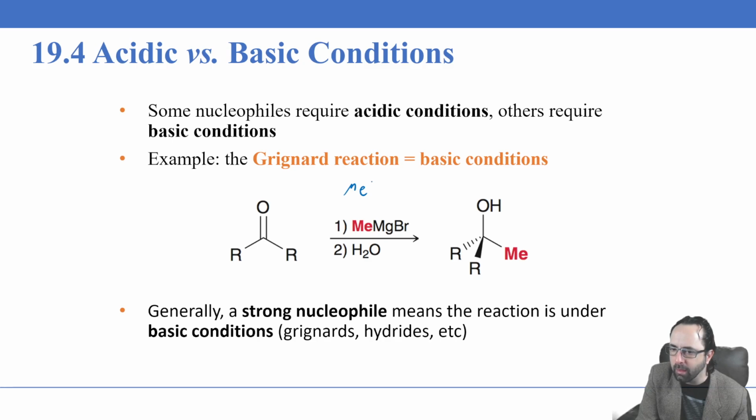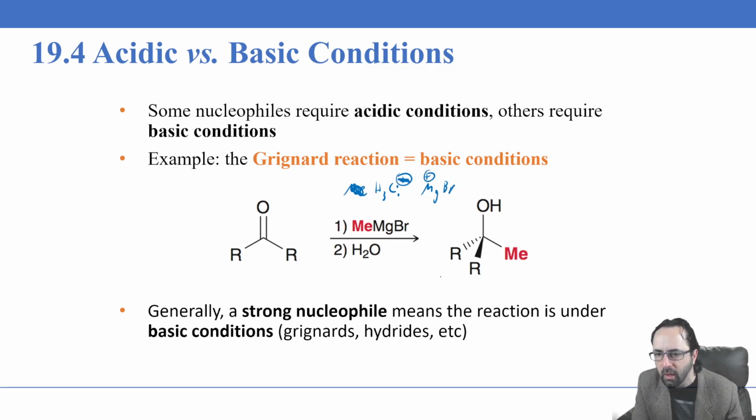So here is the methyl group, or I'll just write it as CH3. That's a methyl group, right? This is going to be a negatively charged carbon, a carbanion, and we'll have the positively charged MgBr complex. So this is negatively charged.